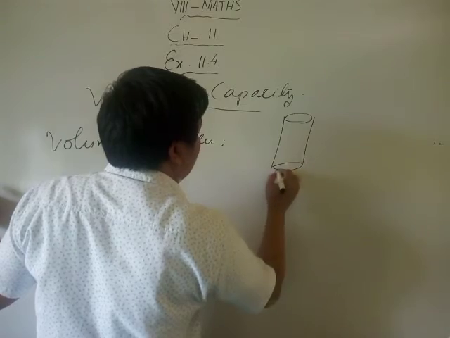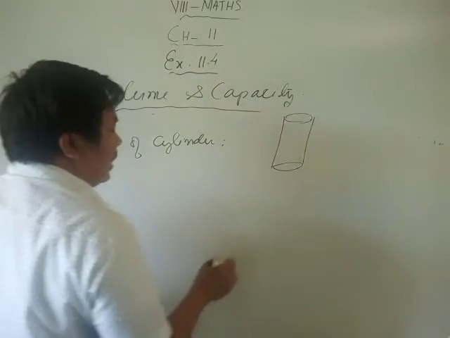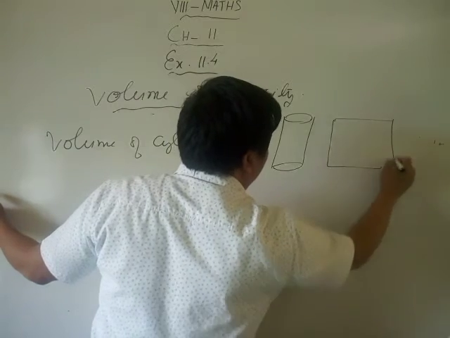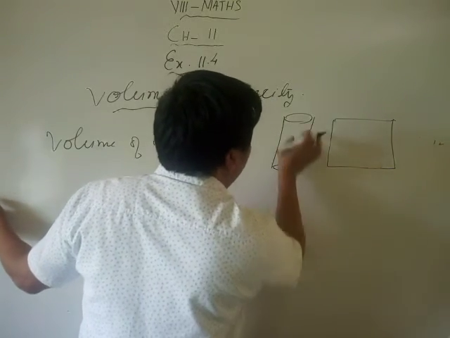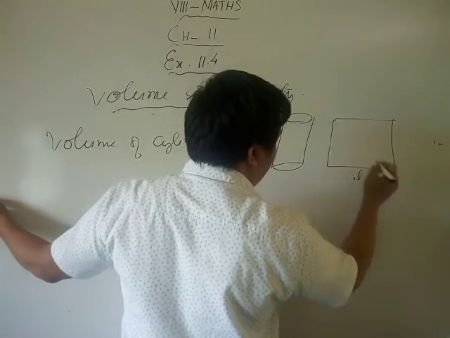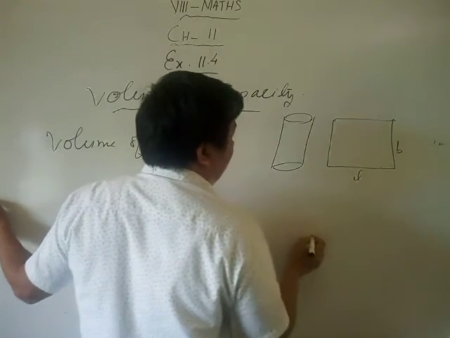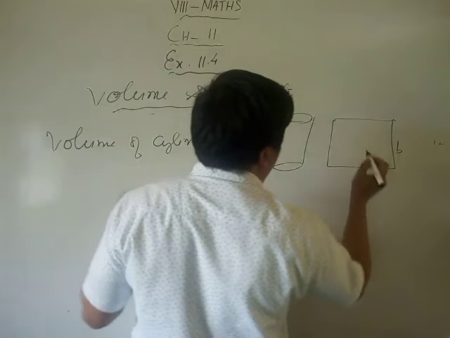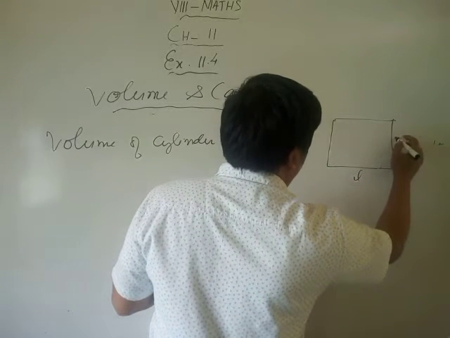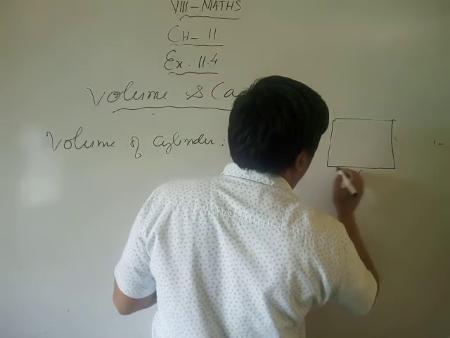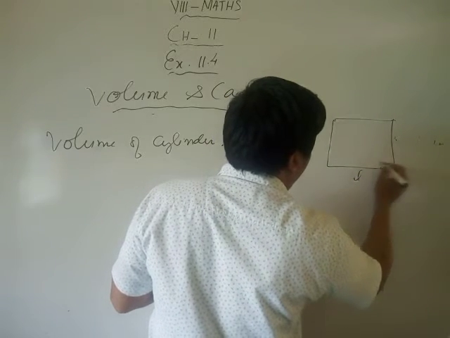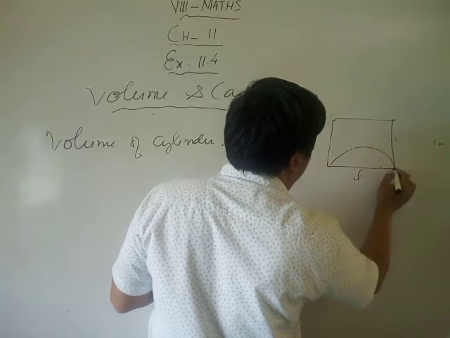So what happens if you make this cylinder into a rectangle? This curved part will become a rectangle. So this will be height, and this part will become the length.